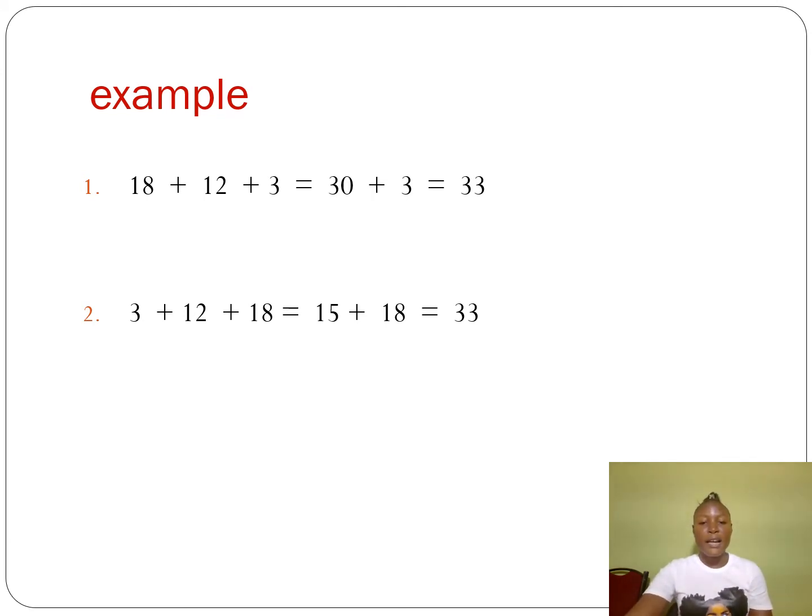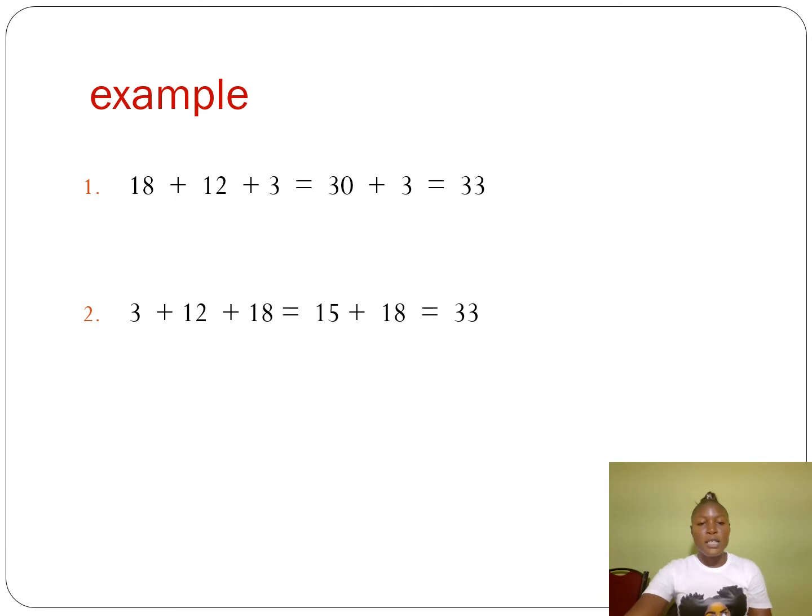Looking at this side, where you can see the arrow, 3 has been added to 12 to get 15, and then the 18 has been brought back to this point. So now 15 plus 18 gives you 33.